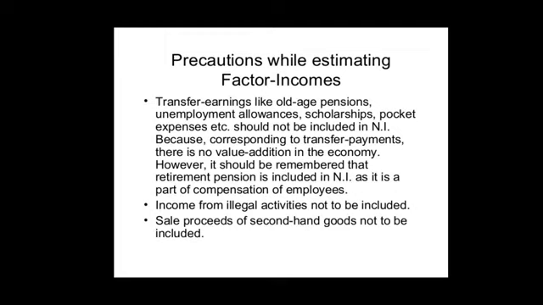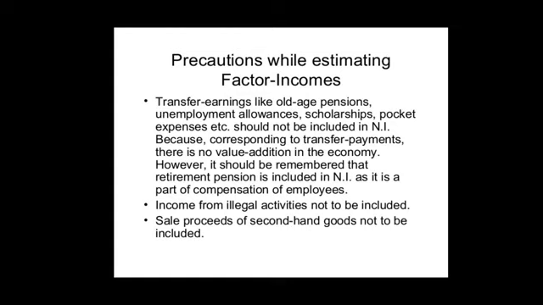Students, to estimate national income correctly by income method, certain precautions must be taken. Transfer earnings like old age pensions, unemployment allowances, widow pensions, scholarships, etc. should not be included in national income because corresponding to transfer payments, there is no value addition in the economy.